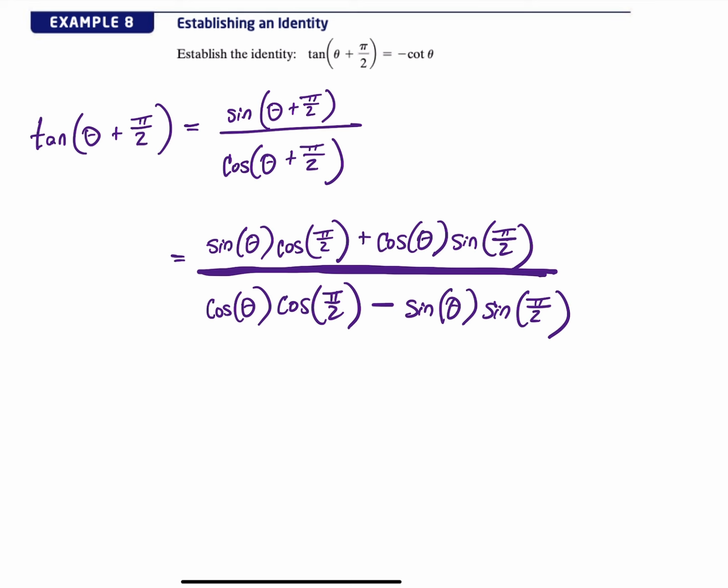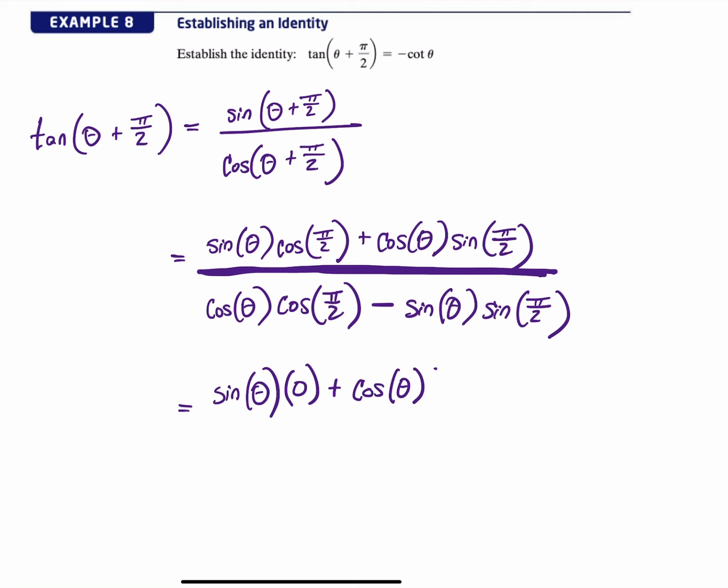So let's evaluate what we can. We have the sine of theta. Anything with theta will just have to stay there because we're not evaluating it as anything. So sine of the first angle, cosine of pi over 2 is 0. So this will be times 0 plus the cosine of theta times the sine of pi over 2.